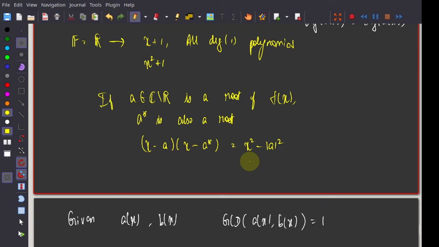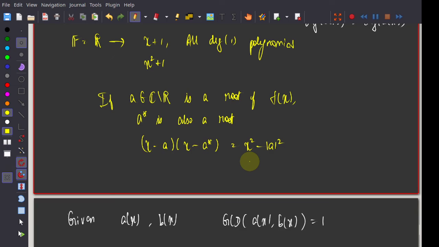Yeah. My claim is that f of x divided by x square minus mod a square is going to be real. It's a real polynomial.